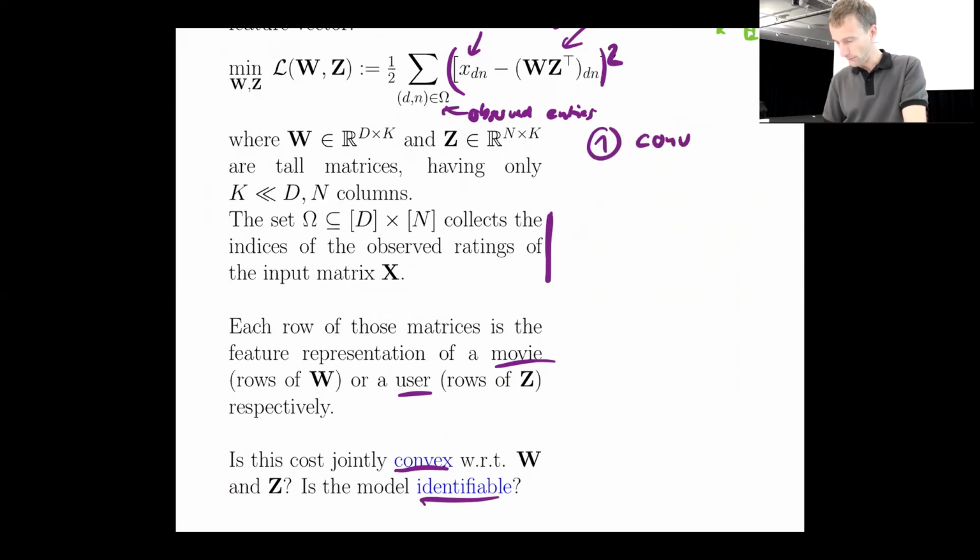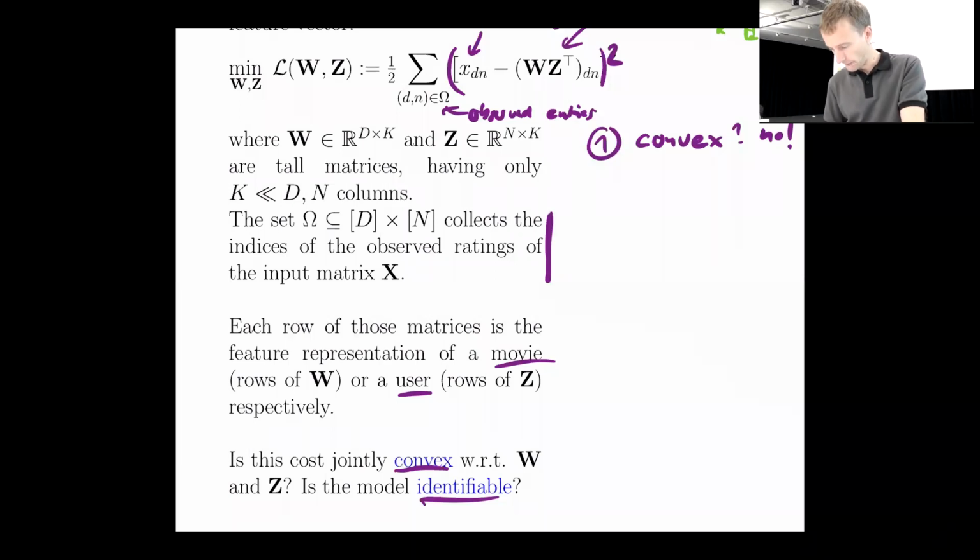And why is this not convex? It's not convex. We have seen this a few times. There are several ways to convince you that this is not a convex function, and we have seen a few similar functions which were also not convex.